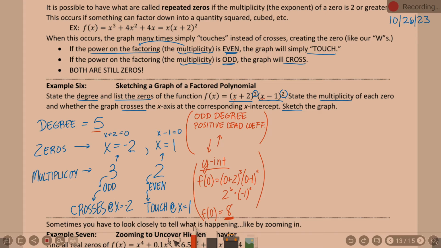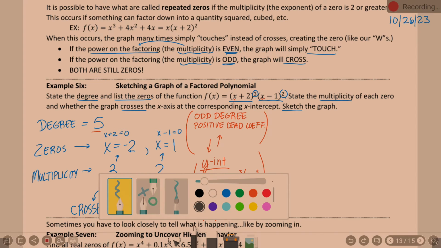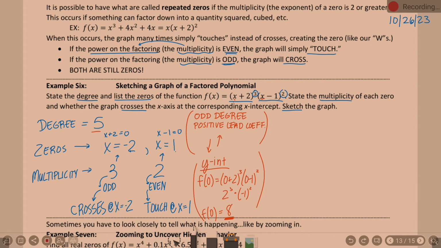Now, again, you can pull it up on the graph here in a moment. But if we just sketch this graph based on what we just know here, and it's not going to be precise here, but we have zeros at negative 2 and 1. We talked about we're going to have a y-intercept at 8.